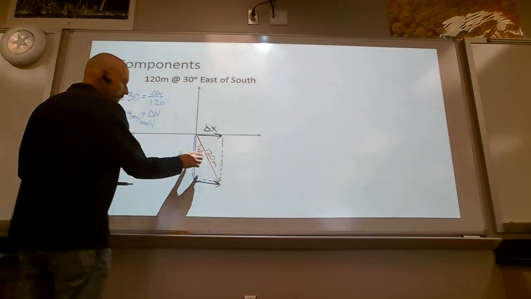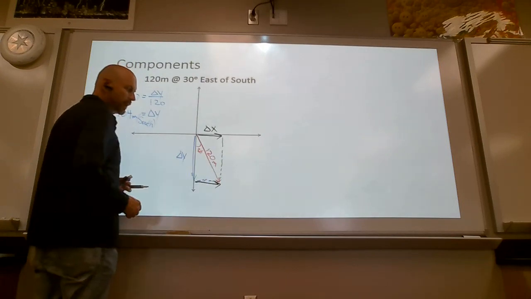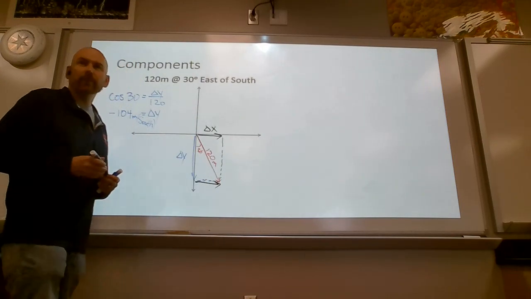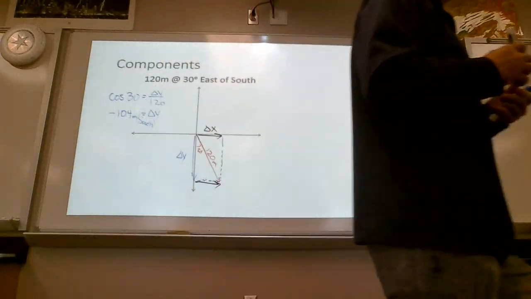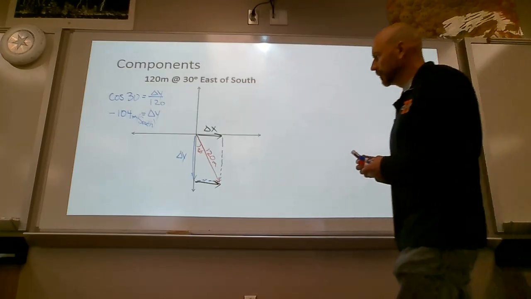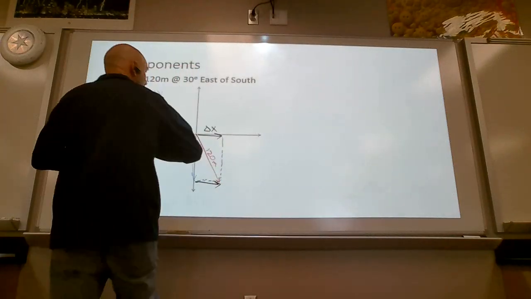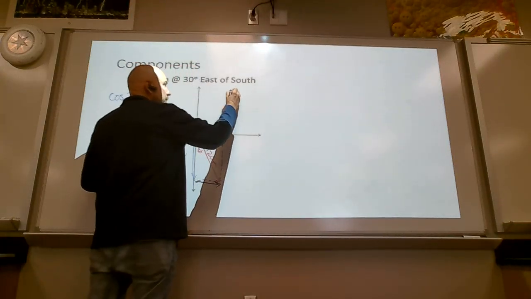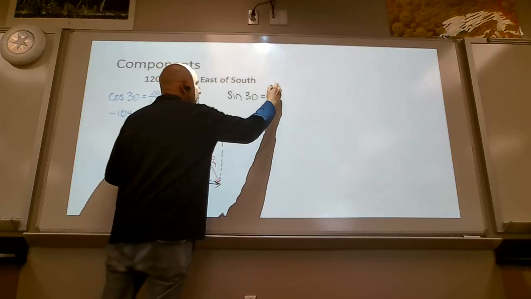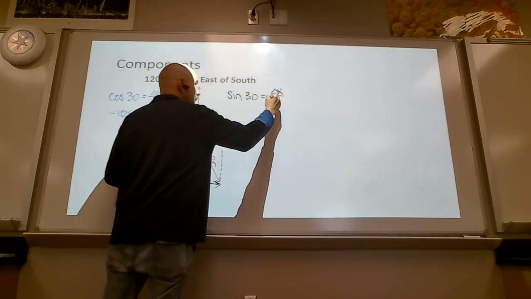Using our source numbers, 120 and 30 degrees, how would I find my delta x? Which trig function would you use? Tell your neighbor. Correct answer is use sine of 30 is equal to delta x over 120.